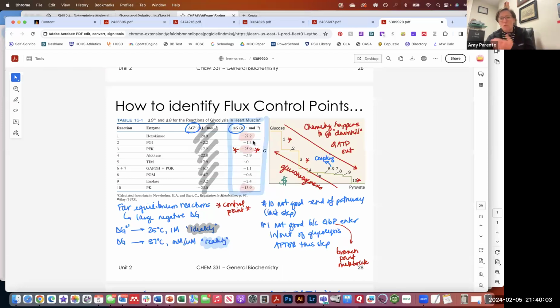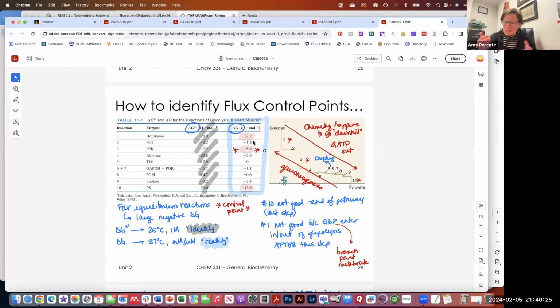It's not to say that you won't have metabolic pathways where the first step is the rate controlling step, right? In the pentose phosphate pathway, the first step is the rate controlling step. But you have to think about the entirety of what's going on in the pathway. And if you have a significant branch that happens downstream of where you're trying to control, that's not a good thing.